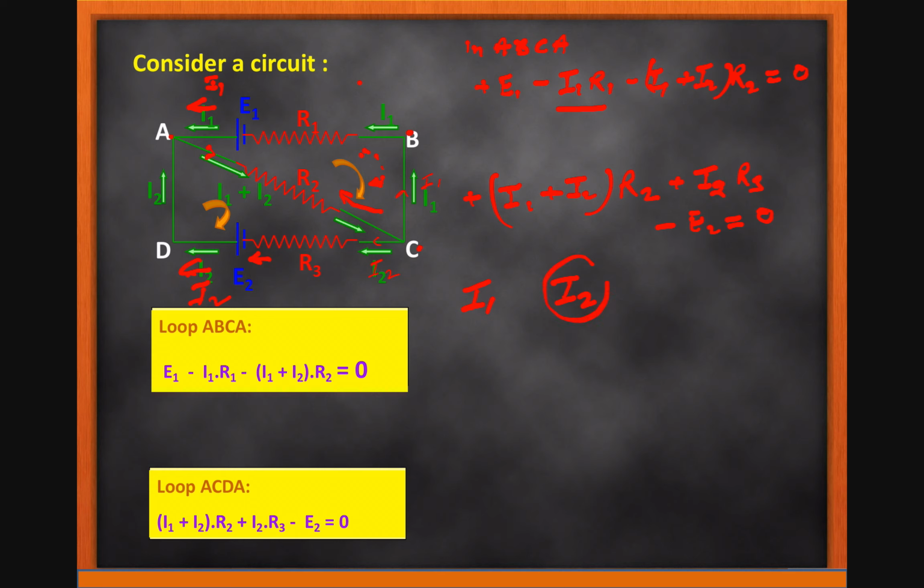In Kirchhoff's law, remember that the number of equations depends on the unknowns. If we have two unknowns, then we require two equations. If we have one unknown, then we require one equation, and if we have three unknowns, then we require three equations. So for applying Kirchhoff's law, remember this concept.